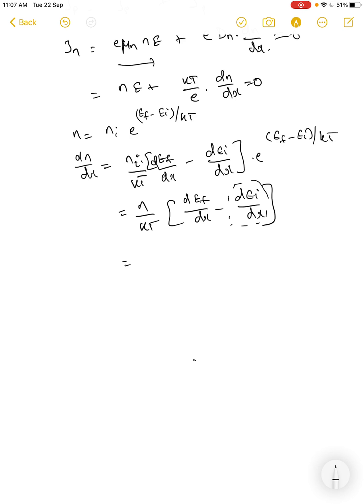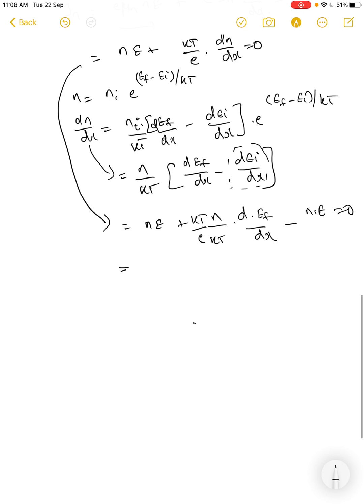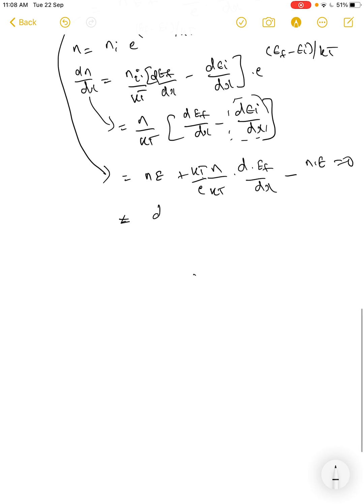If I plug this dn by dx into this expression, I will get n e mu E plus n by kT into kT by e times dEf by dx minus n e mu E, which is equal to 0, which will give us finally that dEf by dx is equal to 0, given the total current is 0.